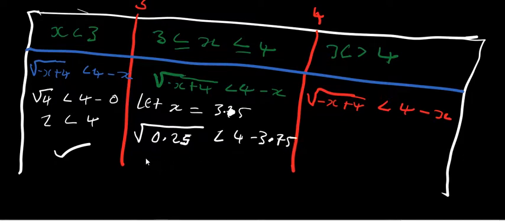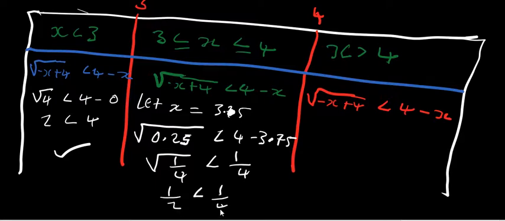So this is the same as square root of 0.25 is less than 4 minus 3.75, which gives us 1 over 4. If we work this out, it's 1 over 2 is less than 1 over 4. So this expression is wrong. Therefore, this is not the answer.